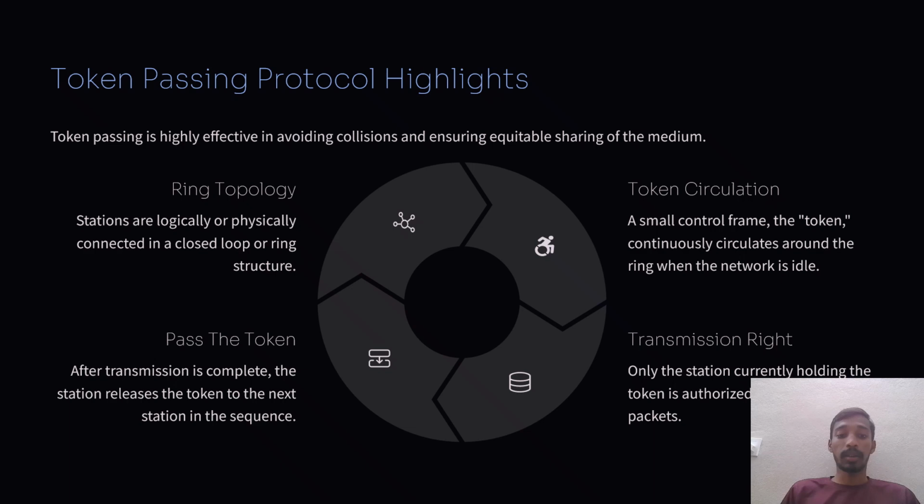After transmission is complete, the station passes the token to the next station in the sequence. A small control frame, the token, continuously circulates around the network and carries the transmission right. Only the station holding the token is authorized to send packets.